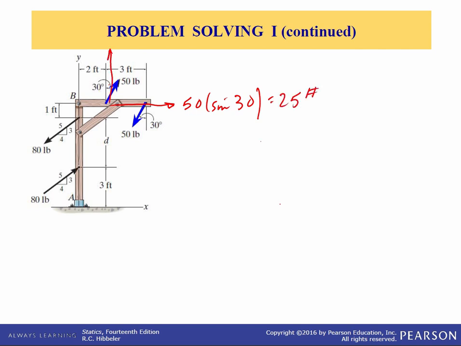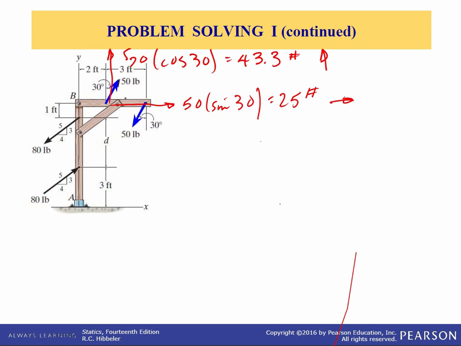And the vertical component is equal to 50 times cosine of 30, which is 43.3. And it's pointing upwards. So this goes up, this goes to the right. Now, do both of those forces contribute to the couple moment?